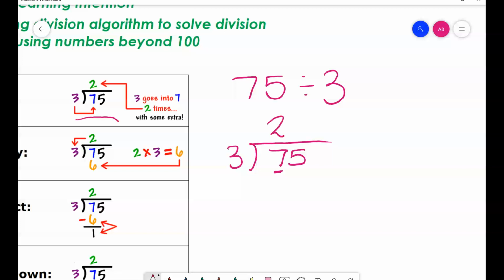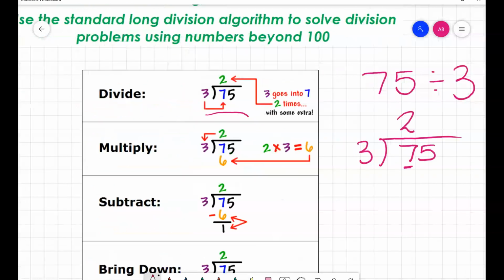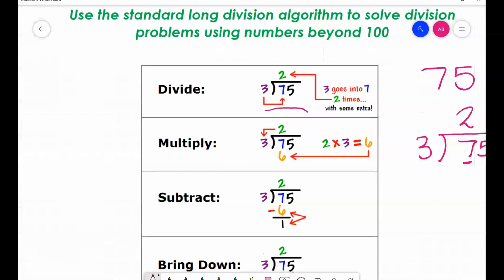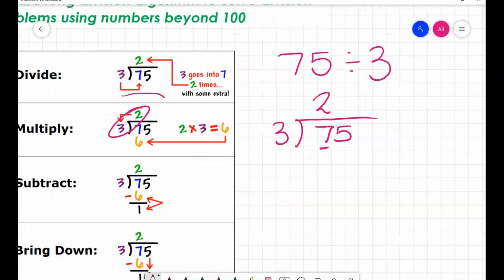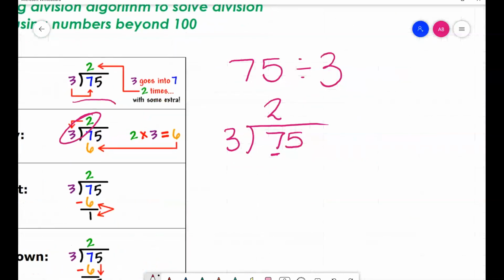So then what we have to do is think about the multiply part. This part here, multiply. I've worked out that in 7 I can make 2 sets of 3. If I multiply that together, 2 sets of 3 are 6. So I'm going to write down my 6.